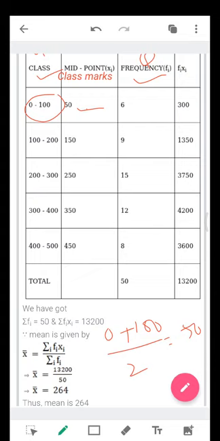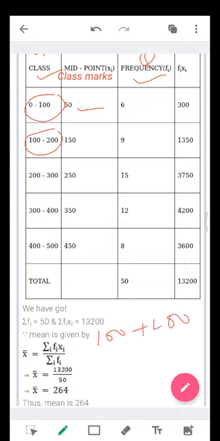Then this way we find the class marks of all the classes. The next class is 100 to 200. So 100 plus 200 is how much? Yes, 300. So what is 300 by 2?